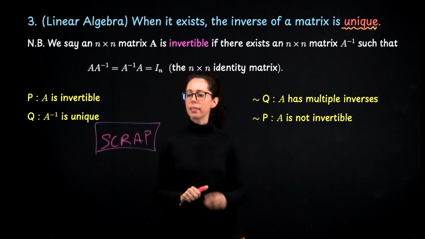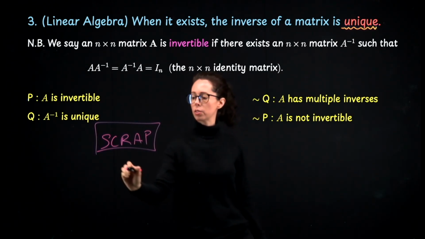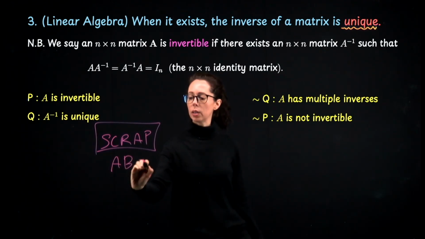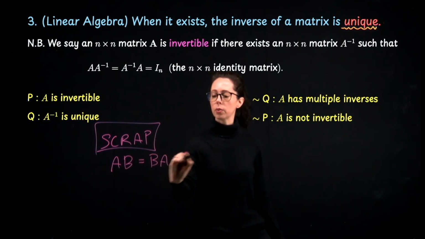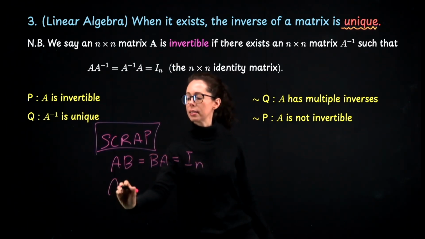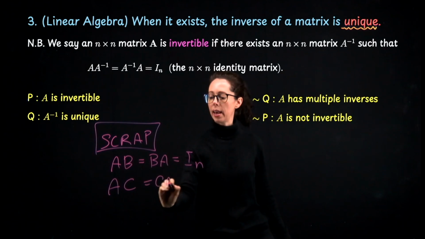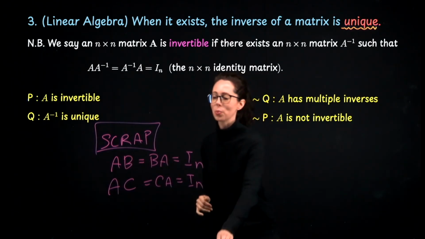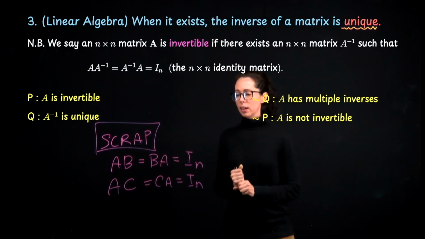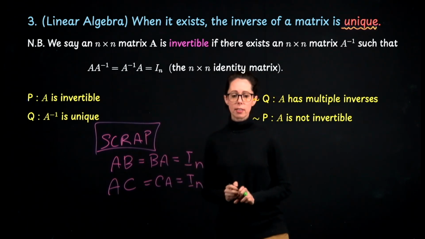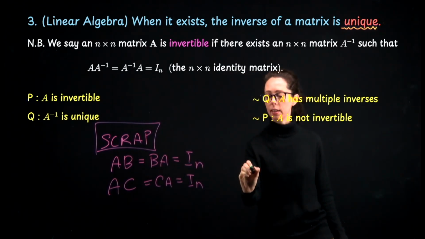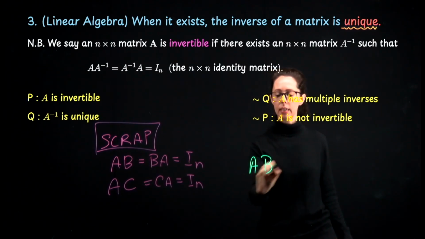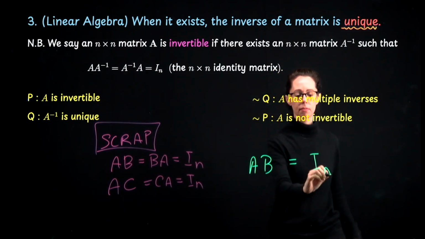Let's imagine that there are multiple inverses. So what if AB equals BA equals the identity matrix, and also AC equals CA equals the identity matrix? I'm being kind of bad with my handwriting here. Sorry, I'll also switch to green. Let me just take one of these expressions. How about AB equals the identity?